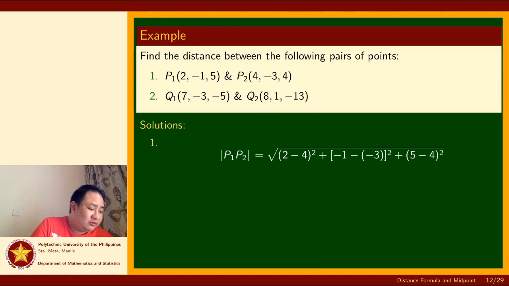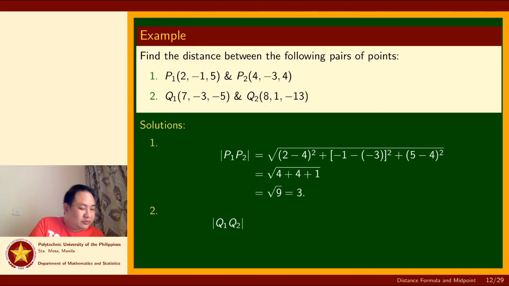Notice that the order of the coordinates doesn't matter because we are squaring them anyway. So 2 minus 4 is negative 2, square is 4. Negative 1 minus negative 3 is 2, take the square 4. 5 minus 4 is 1, take the square is 1. The square root of 4 plus 4 plus 1 is the square root of 9, which is 3. So P1 and P2 are 3 units away from each other.